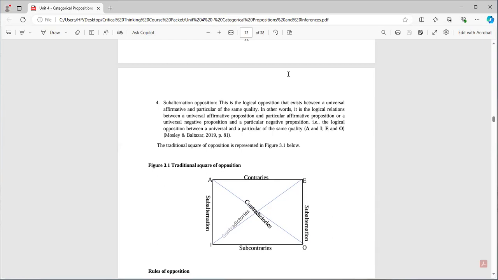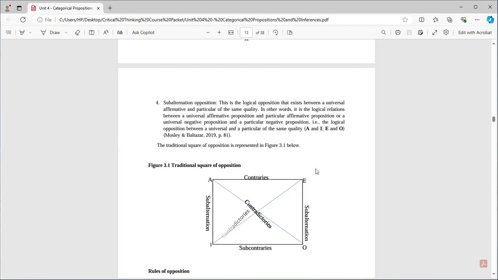And at the bottom right corner, put O there, particular negation. And then draw a diagonal line linking E and I. At the same time, a diagonal line linking A and O, for us to get the square of opposition.